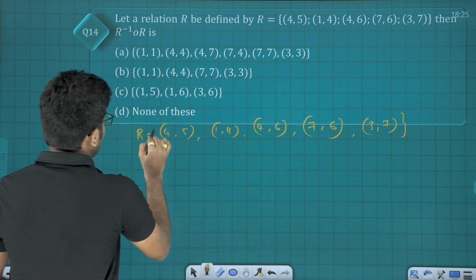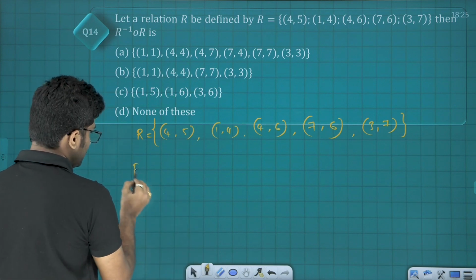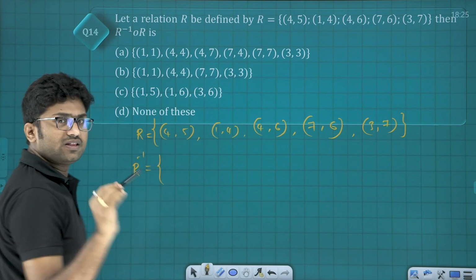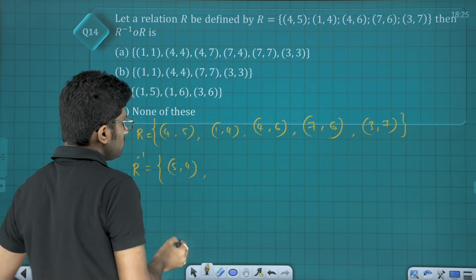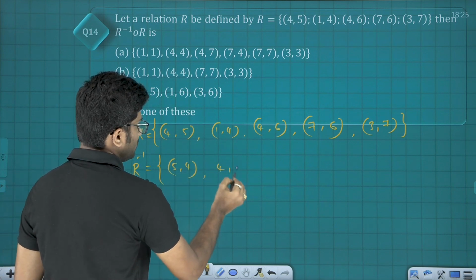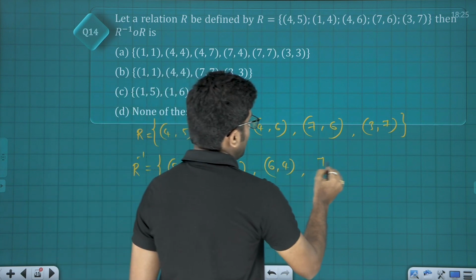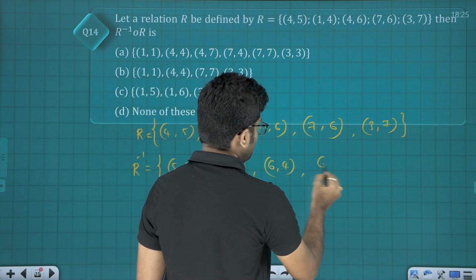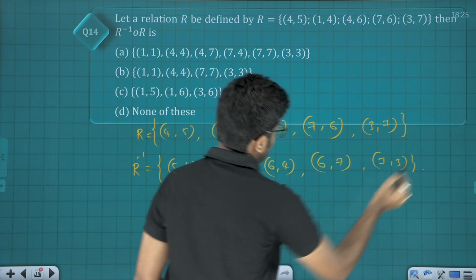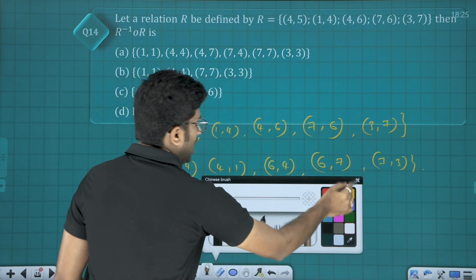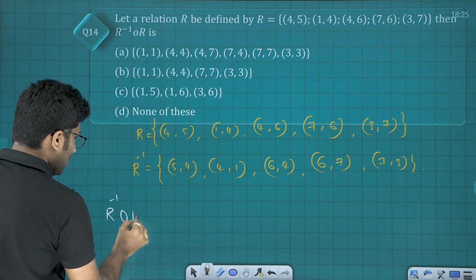This is our R, the set of all these ordered pairs. What is R inverse, friends? R inverse means reversing each ordered pair, which is (5, 4), (4, 1), (6, 4), (6, 7) and (7, 3). Now what they are asking is R inverse circle R.